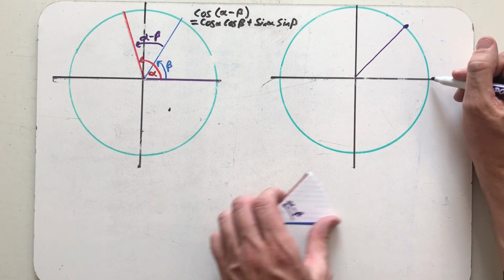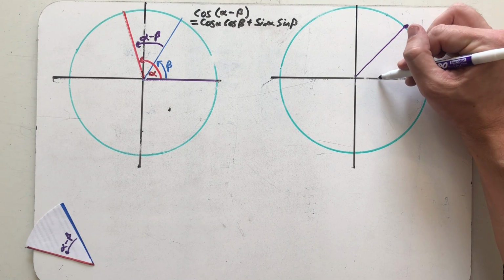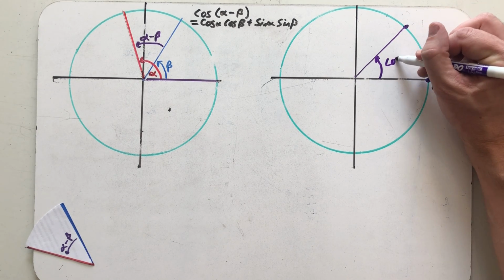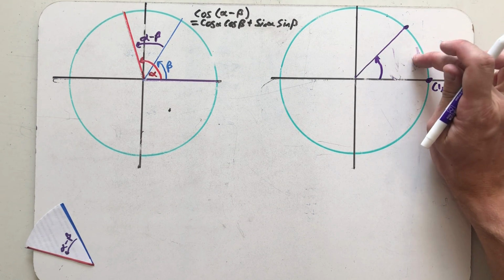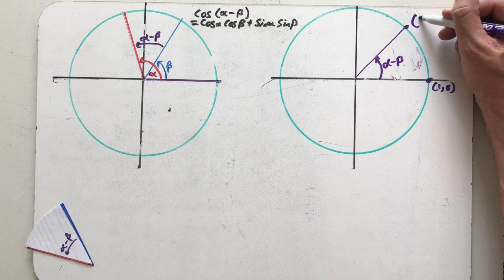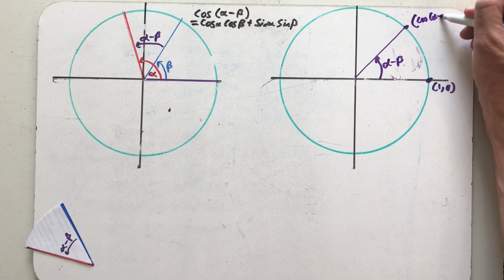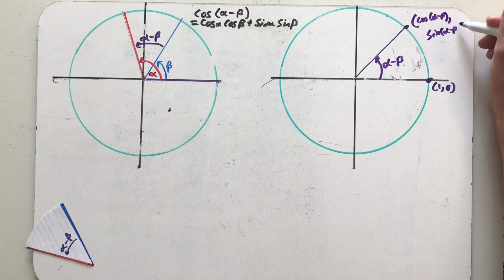This is a unit circle, so I know that's the point (1, 0) out there. By the definition of cosine and sine, this is the angle alpha minus beta, and this ordered pair out here is the cosine of alpha minus beta, comma, the sine of alpha minus beta.